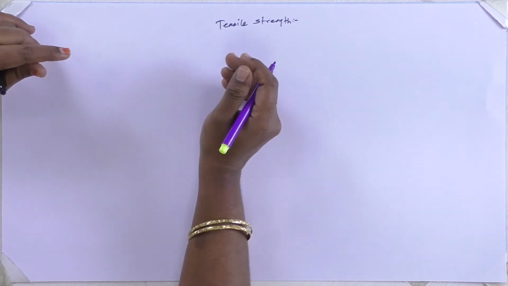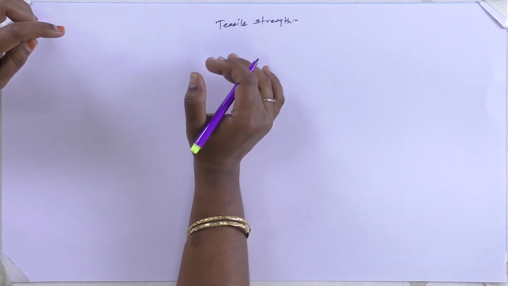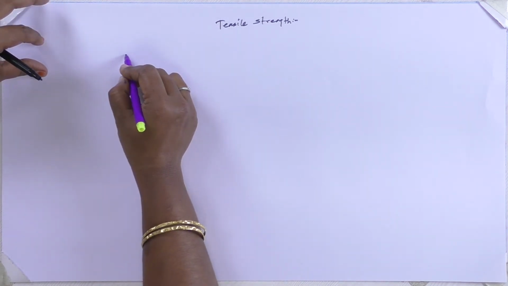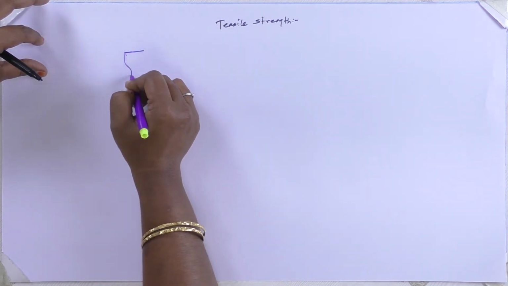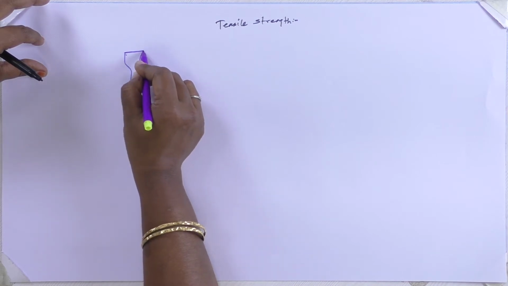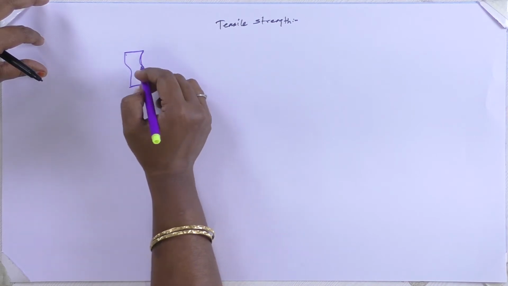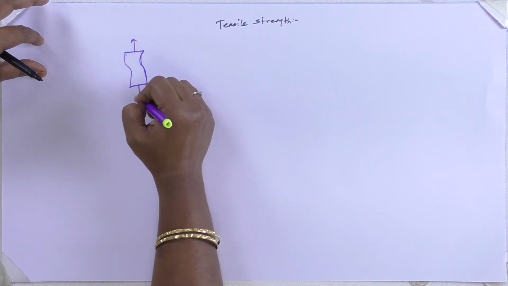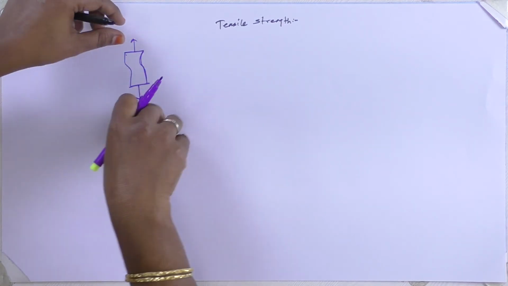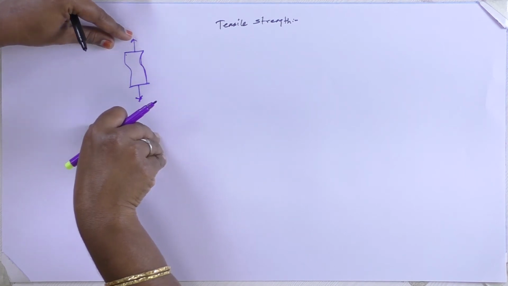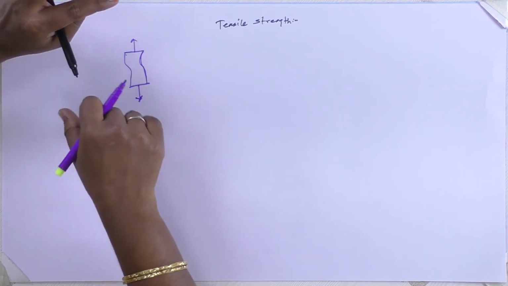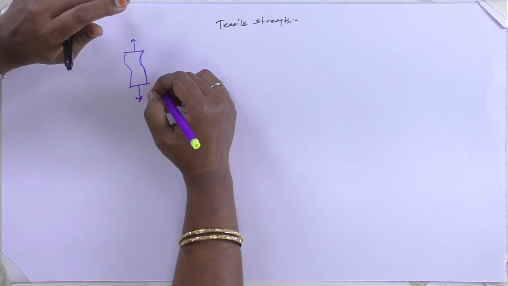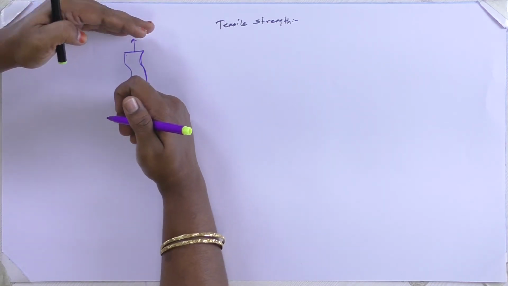It is difficult to measure the tensile strength directly, since the specimen has to be gripped on both sides firmly. So it is somewhat a tedious job to obtain the direct tensile strength.